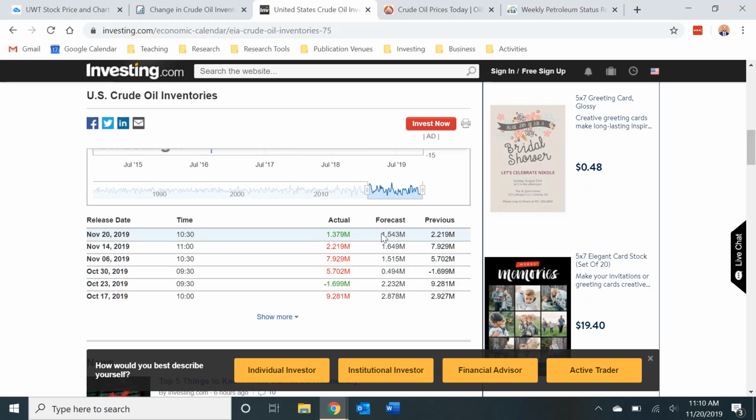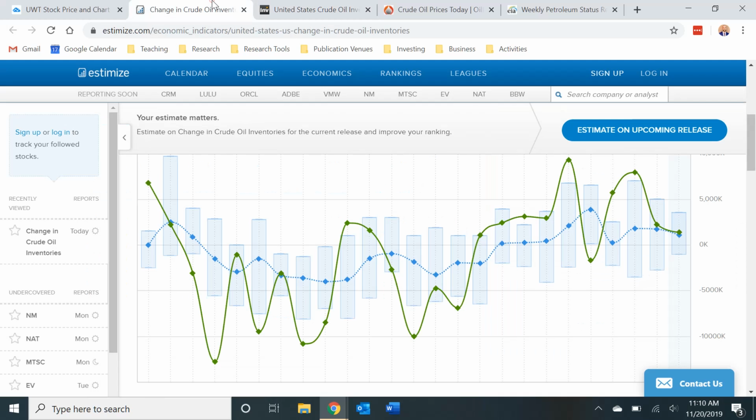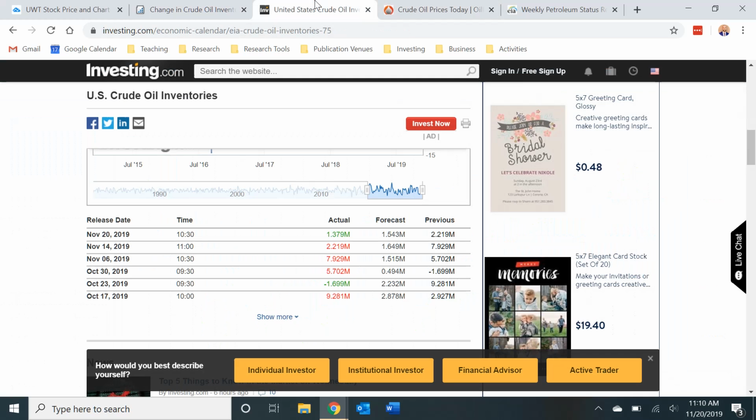When news organizations write about crude inventory numbers, typically they're using this number, the analyst forecast, not this user submitted number. Then, of course, once the report is released, they will report the actual number, which in this case was slightly below the forecast, but not significantly below it.